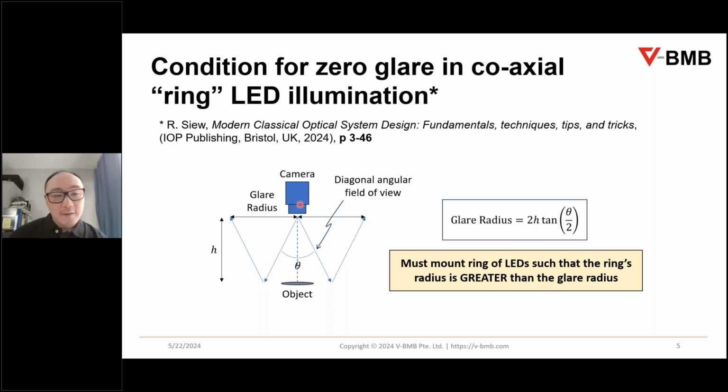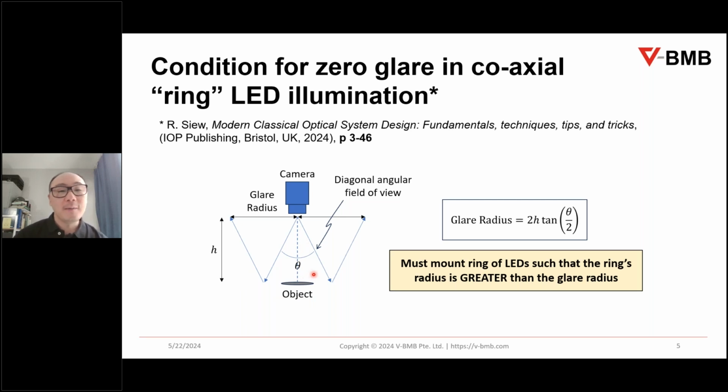And that happens if the source is within the field of view of the camera. Those of you who are lens designers dialing into this conference will know this. If the field of view of the camera is within this cone angle, then anything within this region is viewable in the camera.